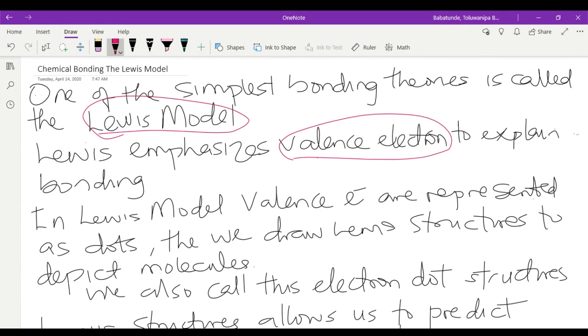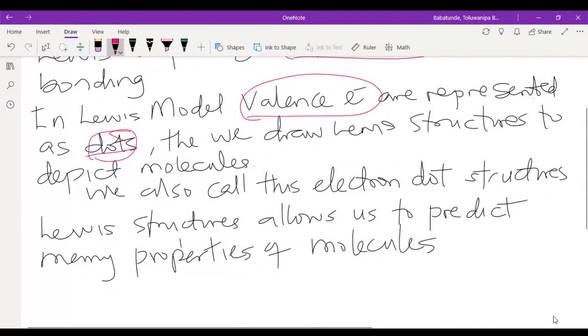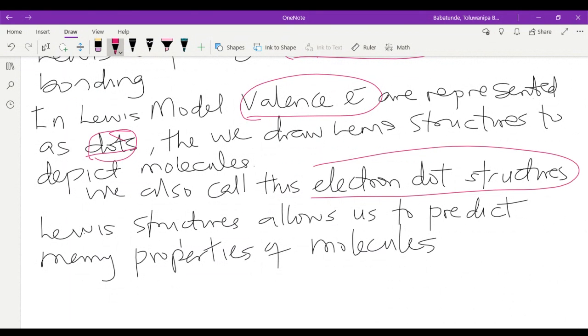In the Lewis model, these valence electrons are represented as dots. We're going to see how we do that. Then we draw Lewis structures to predict molecules. When we draw the Lewis structure using the valence electrons as dots, we also call this electron dot structures.